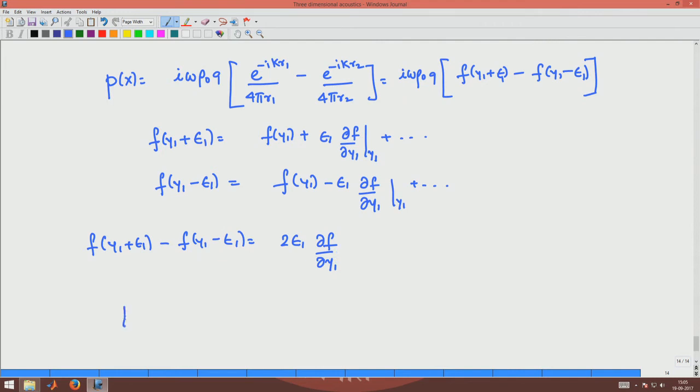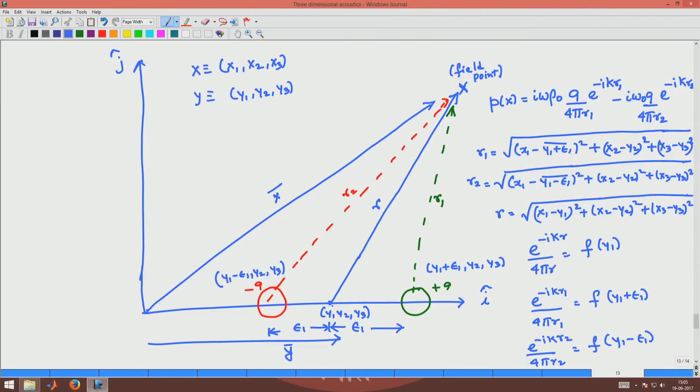So, therefore, at this stage what we have is pressure at the field point of our interest is actually going to be i omega rho 0 q into 2 epsilon 1 into del f del y 1. And remember, y 1 is the first coordinate of the center point of these two monopoles, which is basically like the location of the dipole itself.